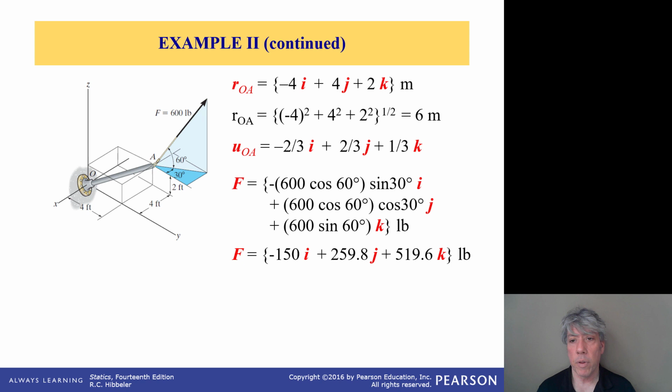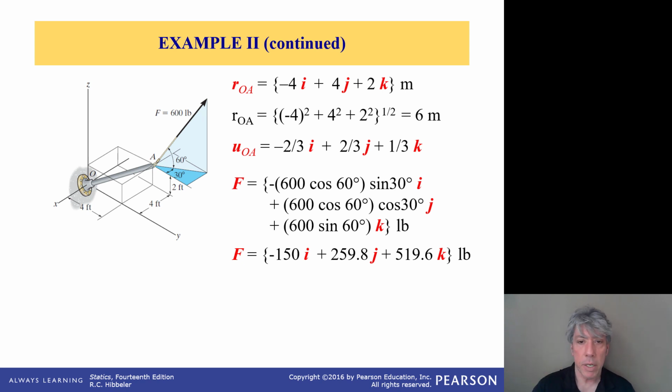A similar story for the y component, because you first take that 600-pound vector and put it down into the plane. That's what 600 cosine 60 does. And then cosine of 30 calculates the component in the y direction that is touching the 30-degree angle. And then finally, the vertical component of the 600-pound force is pretty straightforward. It's just 600 sine of 60 degrees. It's the other component instead of the cosine component.